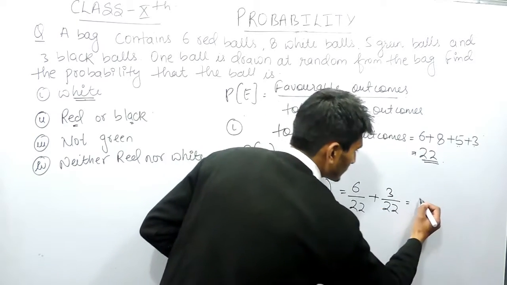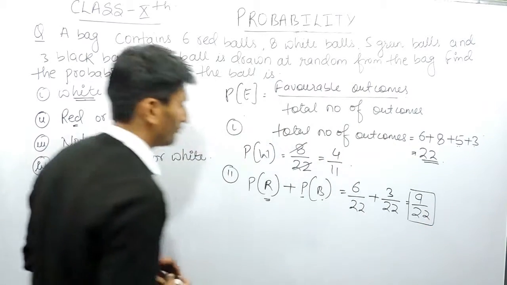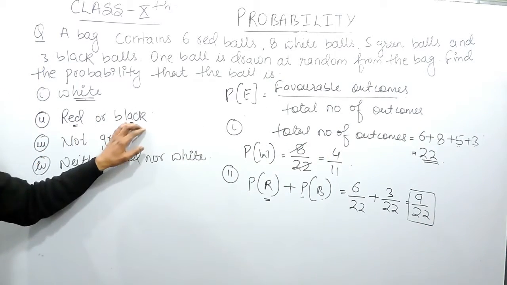So if I add this, it will be equal to 9 by 22. So this is the probability for red or black.